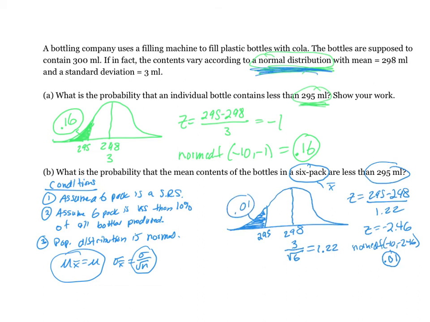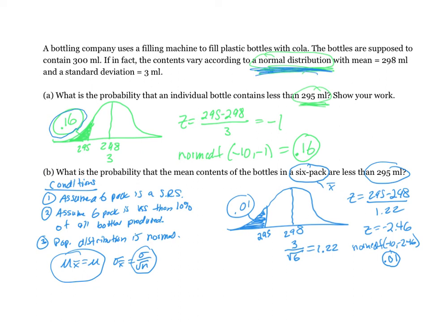So, the chance of finding one bottle that contains less than 295 milliliters was 16% from question A. But the chance of finding a whole 6-pack averaging less than 295 milliliters is only 1%. So only one 6-pack out of 100 would average less than 295 milliliters.